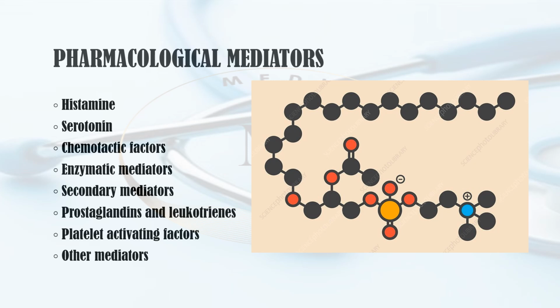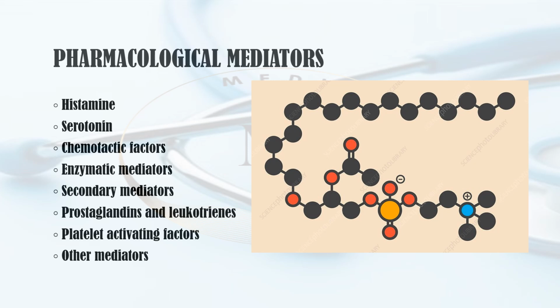When we go to the prostaglandins and leukotrienes, they are derived from arachidonic acid by two different pathways. This affects the secretion by mucous glands, platelet adhesion, permeability and dilation of the capillaries, and pain threshold. Next is the platelet activating factor. This is a low molecular weight lipid released from basophils.